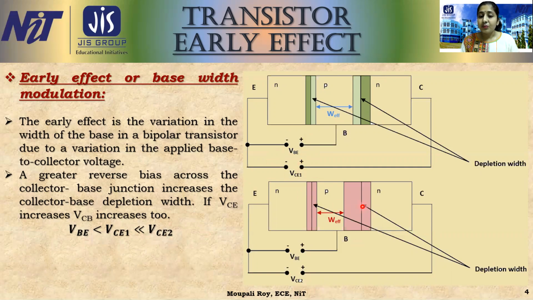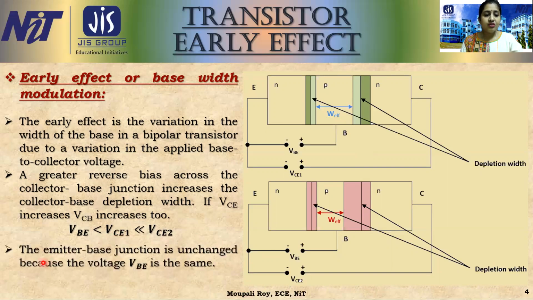That's why the width of this depletion layer is wider than this one. This one is even wider because VCE2 is much greater than VCE1. The emitter base junction is unchanged because VBE is the same for both conditions, so this width and this width are the same.